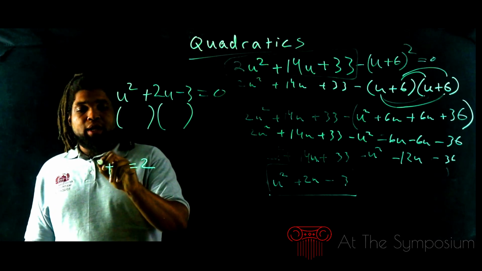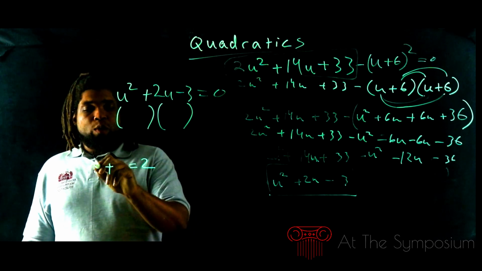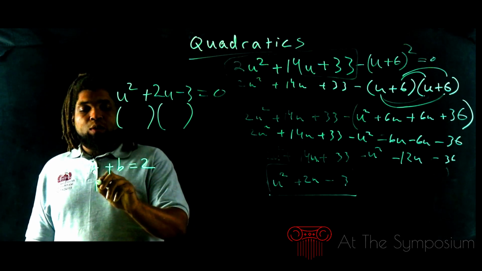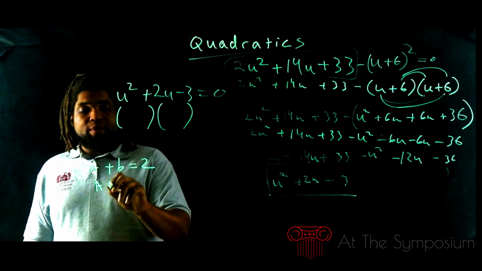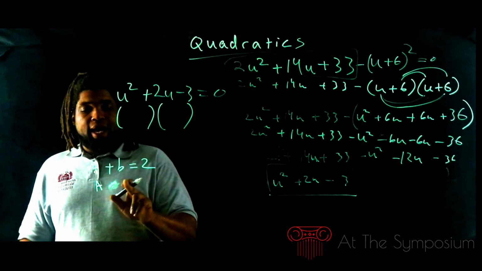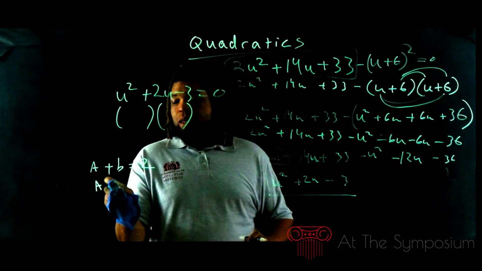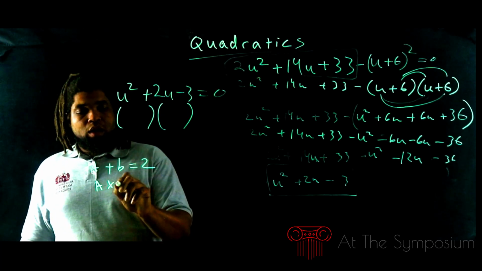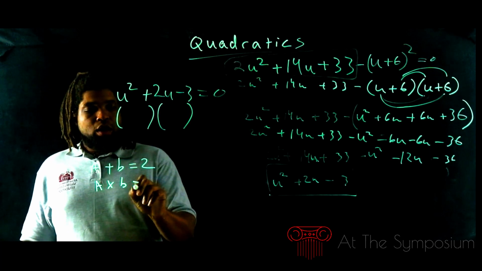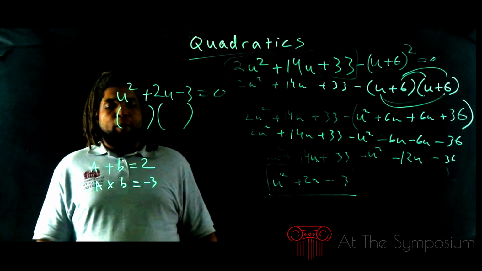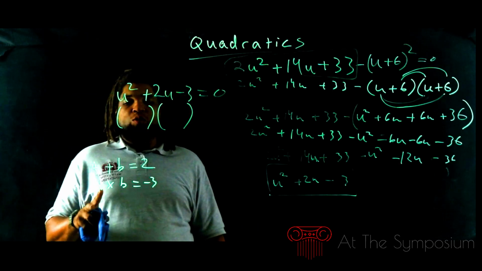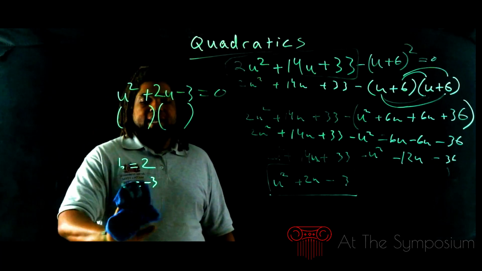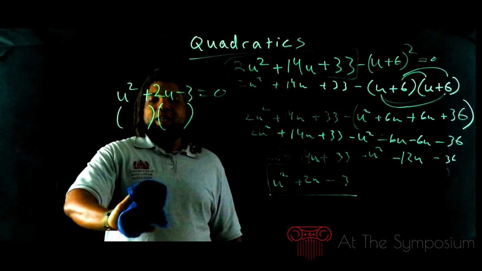One number here and another here. What numbers, let's say A and B, add up to 2, and what the same numbers multiplied would give us negative 3? So we need two numbers that add up to 2 and also multiply to negative 3.